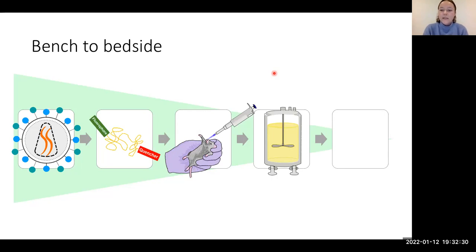So this manufacturing issue is a massive hurdle that is faced by gene therapy scientists on the way to delivering to patients. And finally, of course, it has to be tested in many different clinical trials. So safety phase 1 trials, all the way up to trials testing if they actually work or not, which are the larger phase 2 and phase 3 trials.